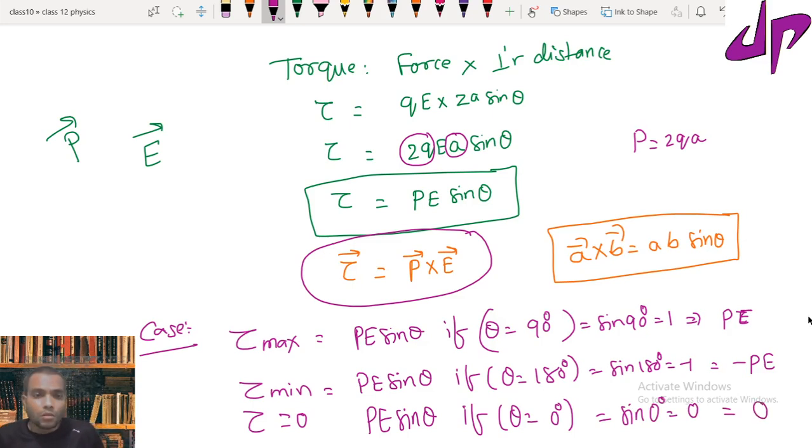So the torque is maximum, and the torque will be minimum, and the torque will be 0.